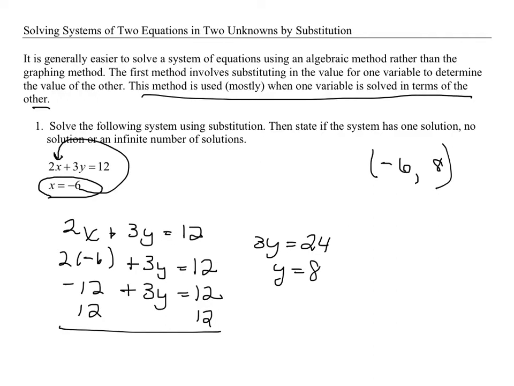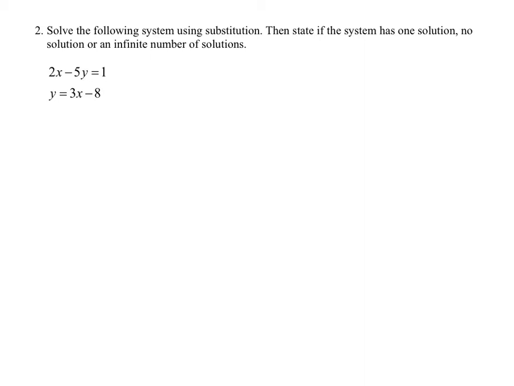So now let's do another example. Solve the system by substitution and state if the system has one solution, no solutions, or an infinite number of solutions. And then we'll talk about that later. In this case, I'm solved for y is equal to 3x minus 8.